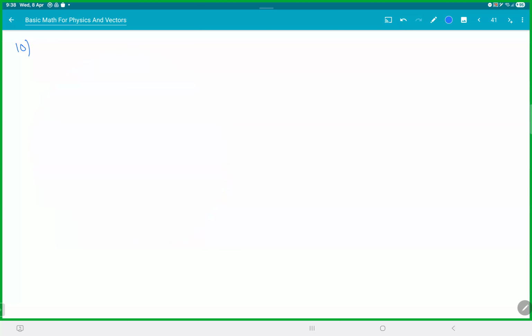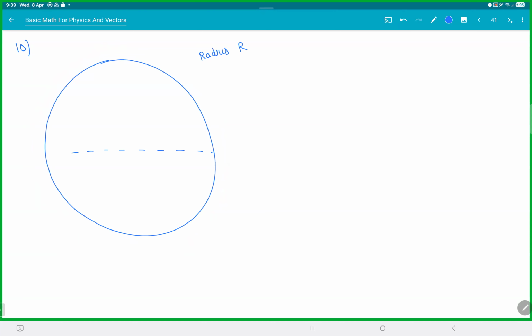Let's say we have a sphere of radius r. This is your equator. This is point A and this is another point.